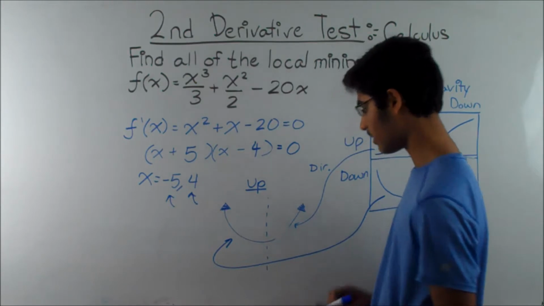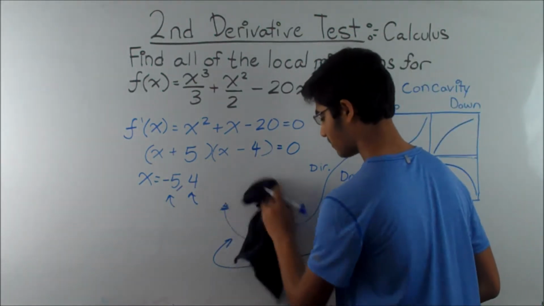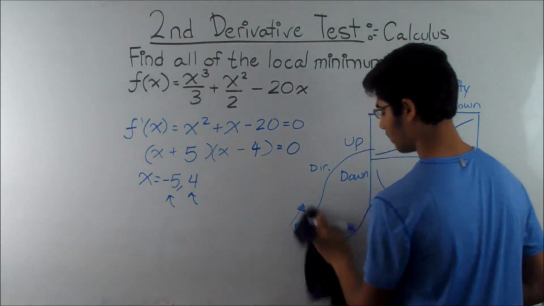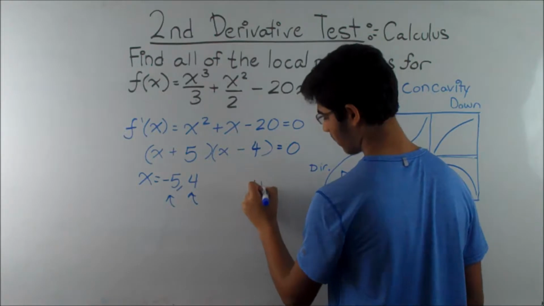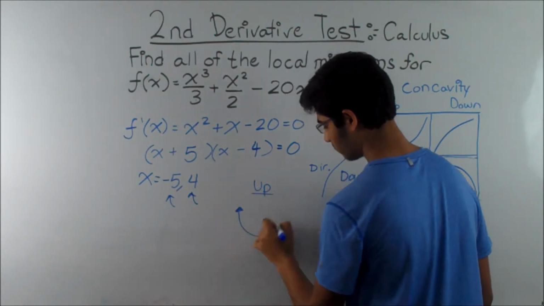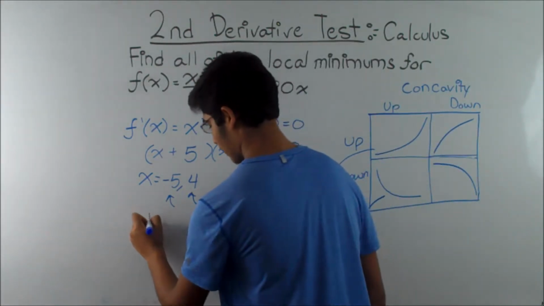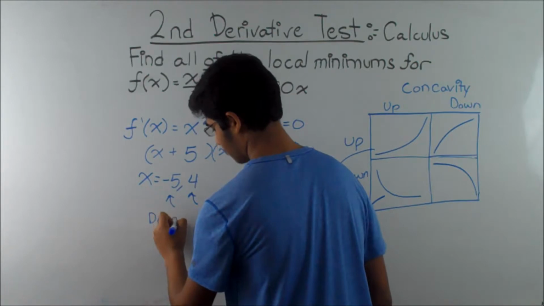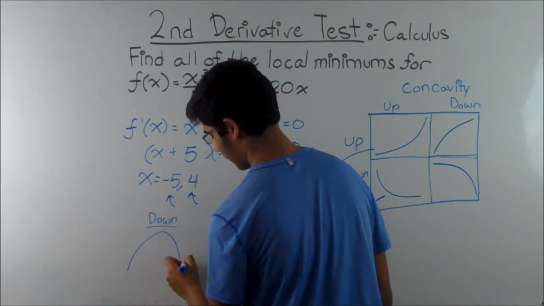So now I hope you've gotten a good picture of this. Now let's do concave down. I'm going to just redraw it here smaller. In concave down, you would have it like this.